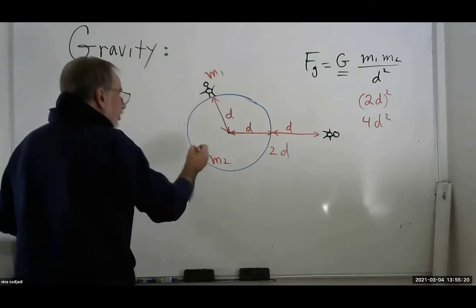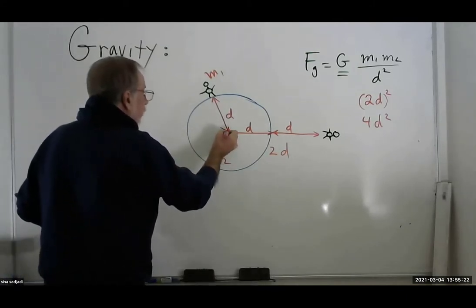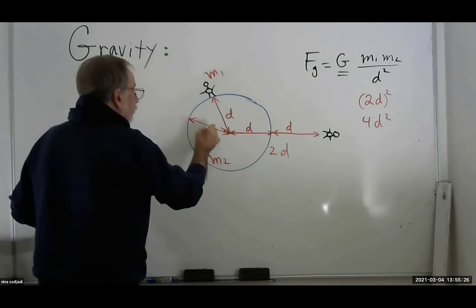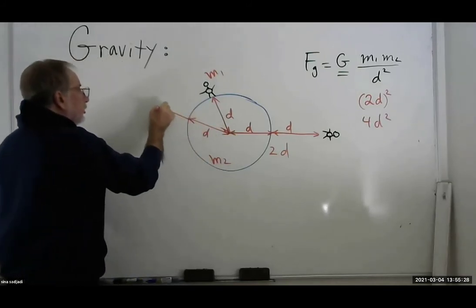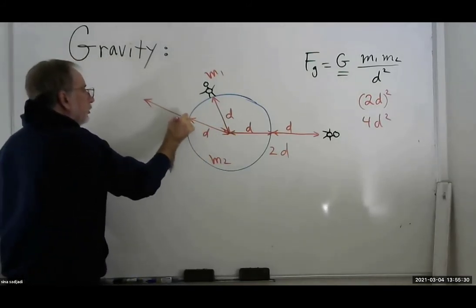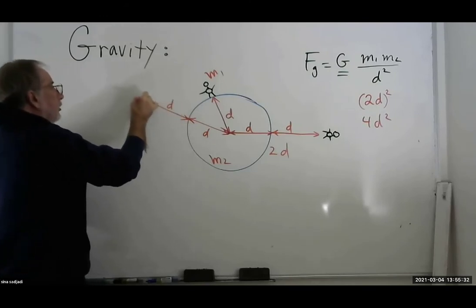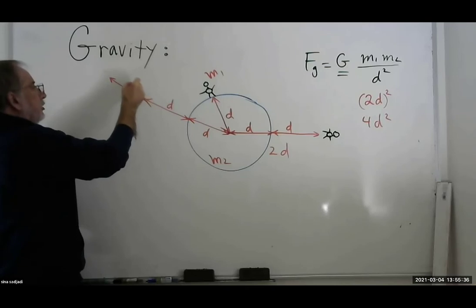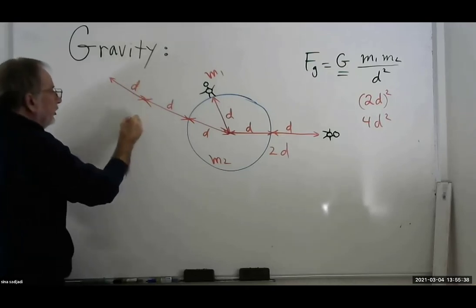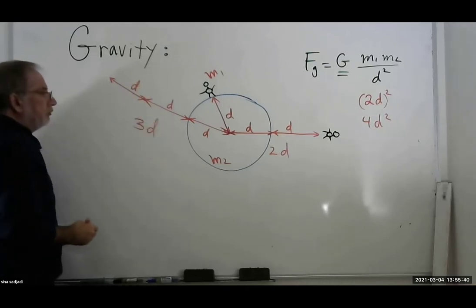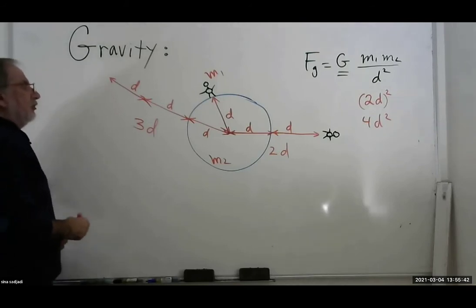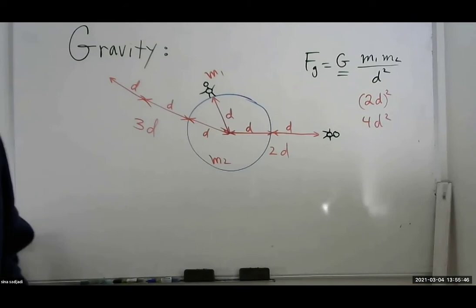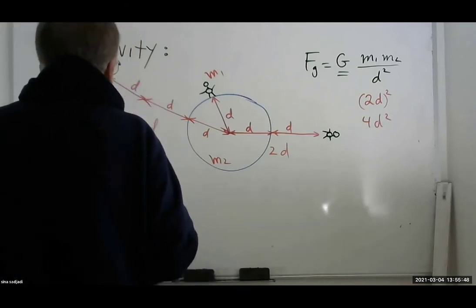All right, let me go 3 times farther now. There's 1D, there's another D. So D, this is 3D. How much does the force of gravity decrease if I go 3 times farther from the Earth? Well, let's see.